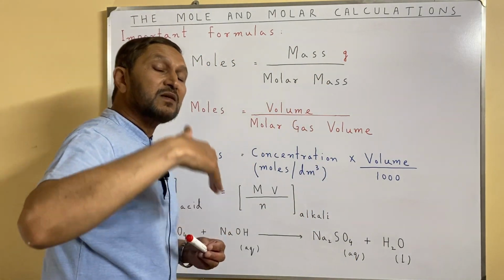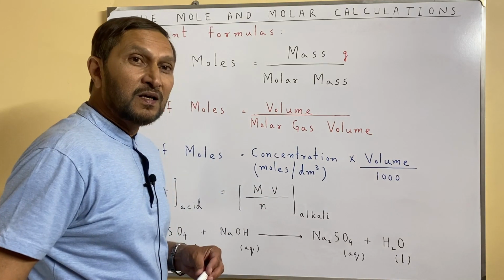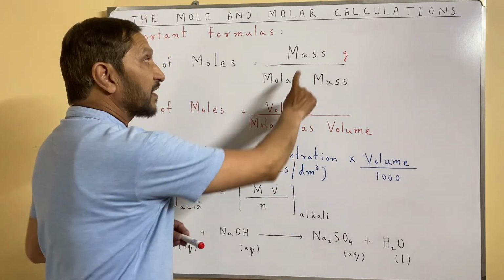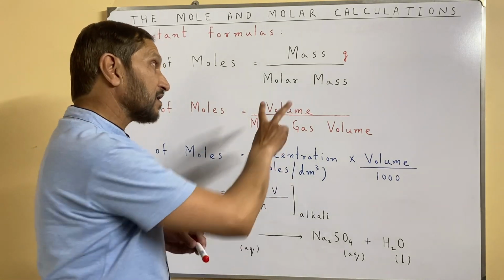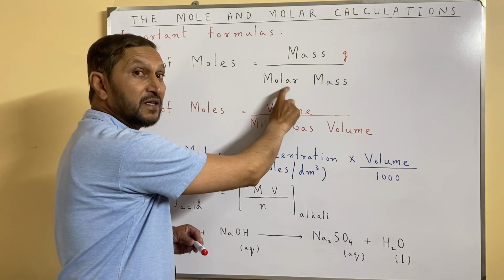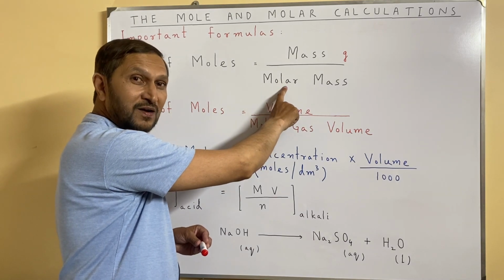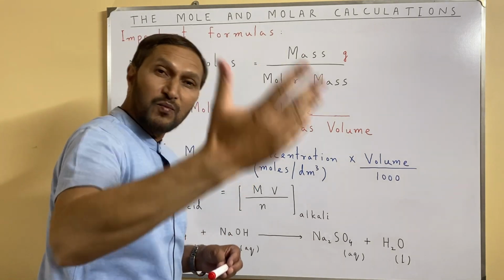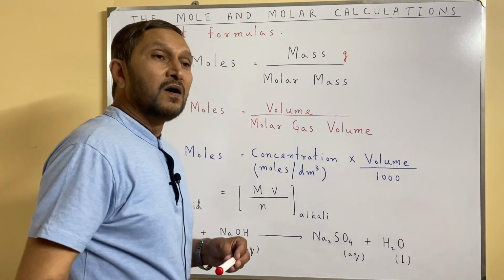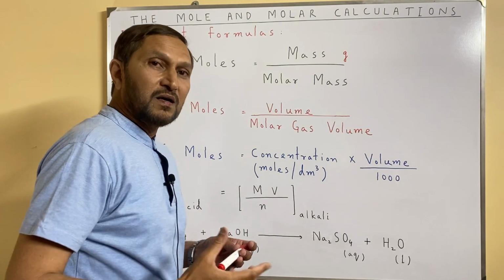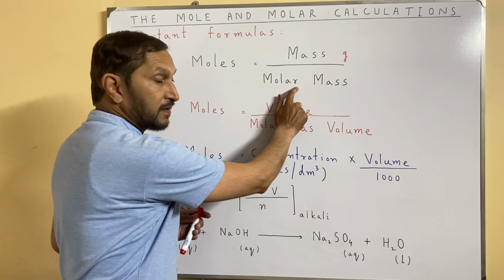For example, if the mass of copper oxide is given as 120 grams, you will write it here, and the molar mass of copper oxide will be written here. That's a fixed value, derived from its formula, whether calcium carbonate, copper oxide, copper carbonate, water, or whatever element or compound, you will write it here.